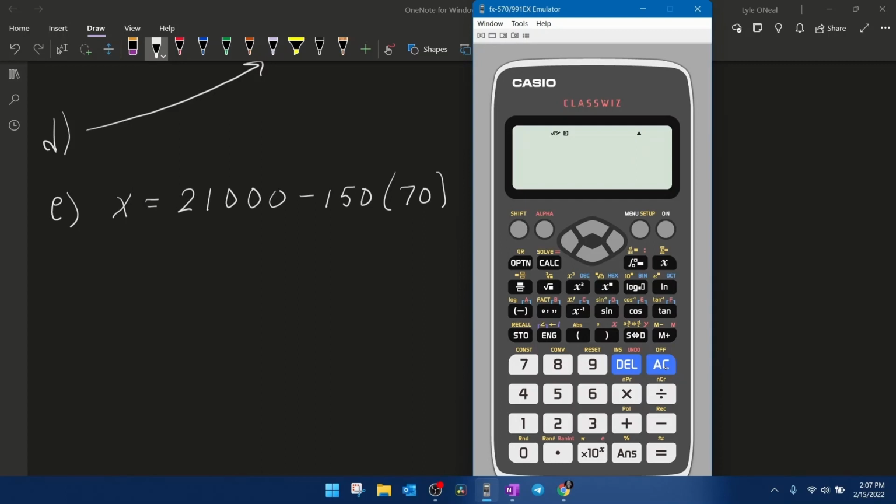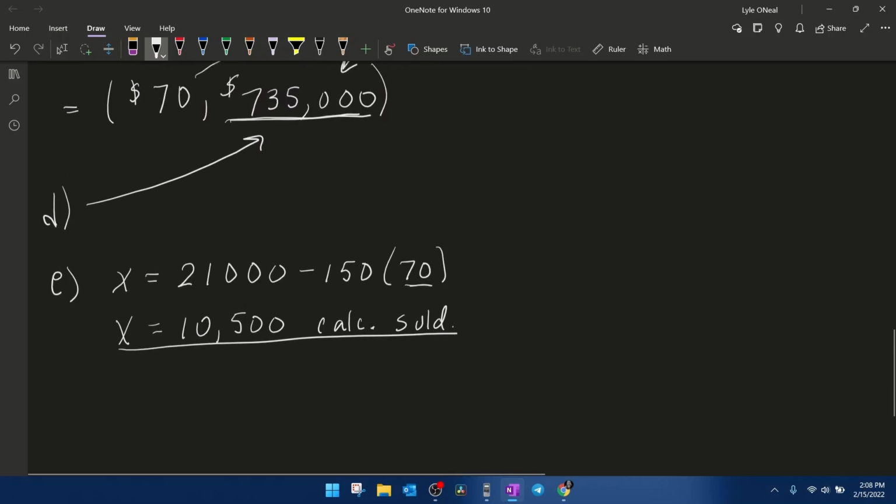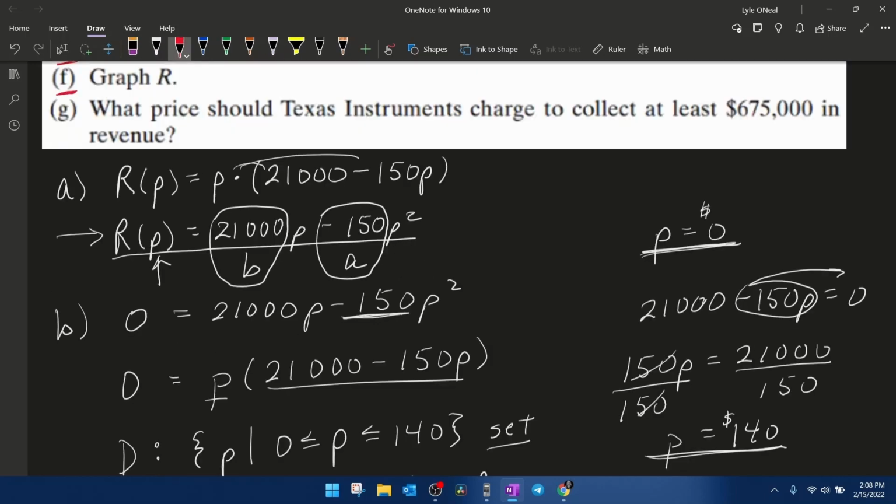Again, using our calculator, just to make sure we don't make an arithmetic mistake, we're going to get 10,500 units sold. Let's call that calculators sold. That's how many calculators we're going to sell if we price the calculators at $70 a piece, giving us a maximum revenue of $735,000.